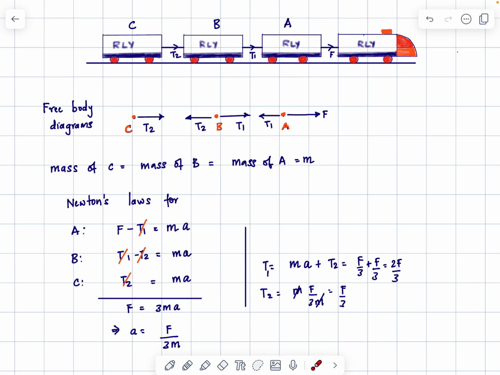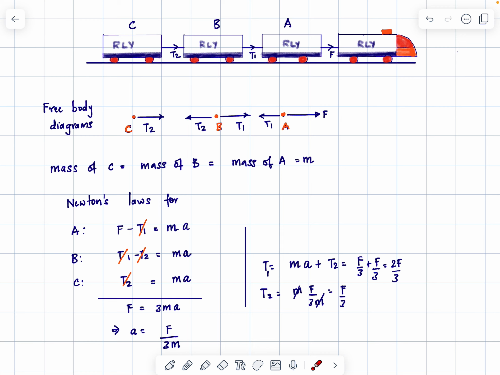If you see the picture here, we have a very simplified model of an engine that's pulling three cars, A, B, and C. Each of these cars is assumed to be able to move freely on the rails. Okay? There is no impediment to their motion.